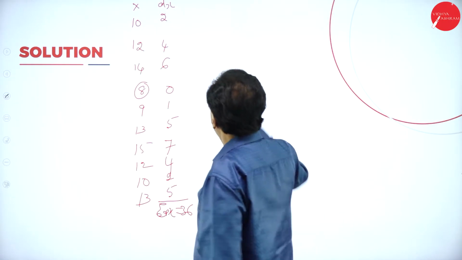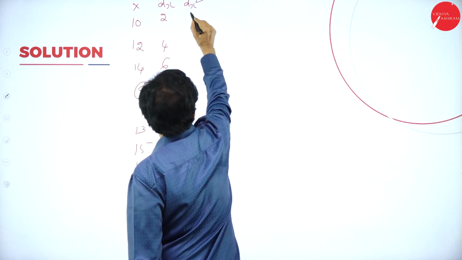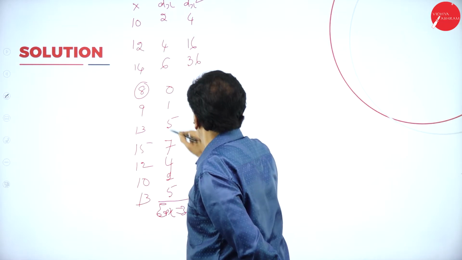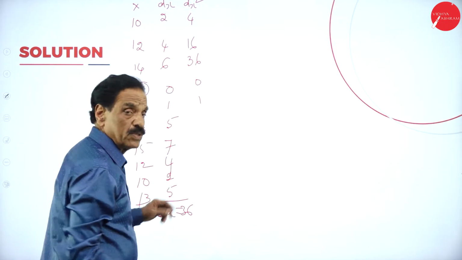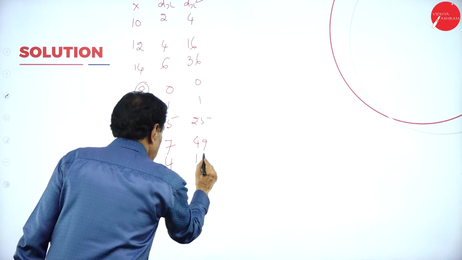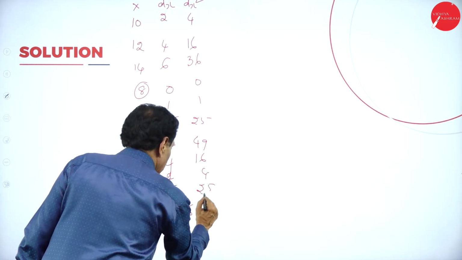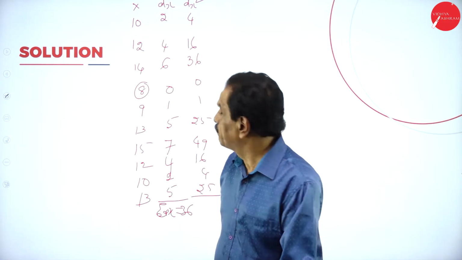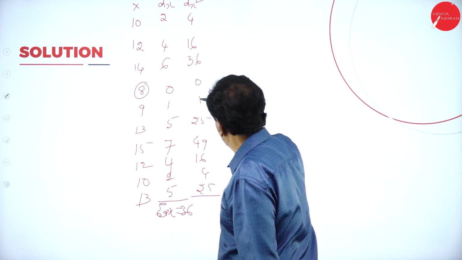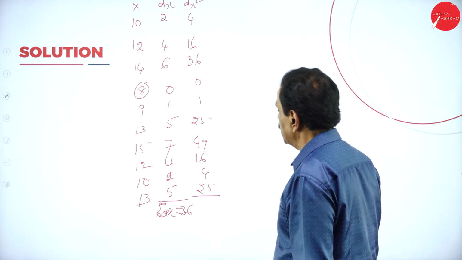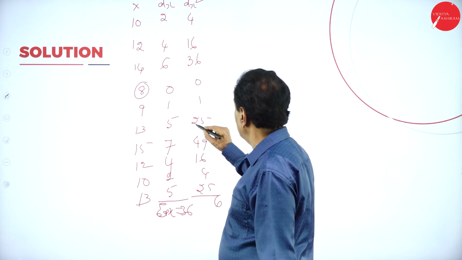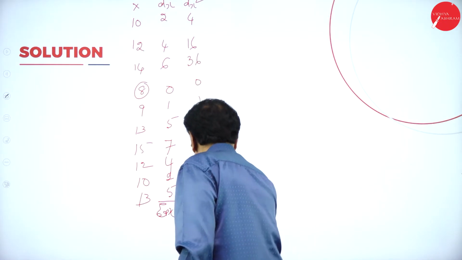36. Now dx square: the square of this number is 4, 16, square of this number is 36, 0, 1, square of this is 25, square of this is 49, this is 16, this is 4, this is 25. Add the figures. 4 plus 6 is 10, 16, 17, 22, 31, 37, 41, 46, 4 plus 2, 6, 7, 11, 13, 16, 17, 176.